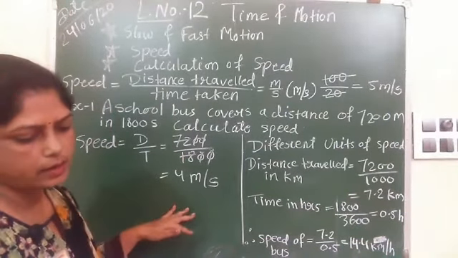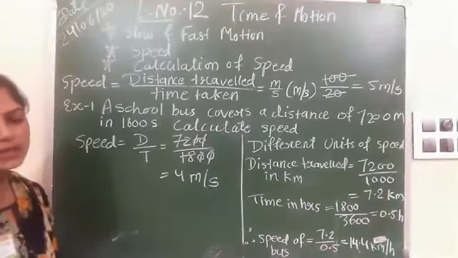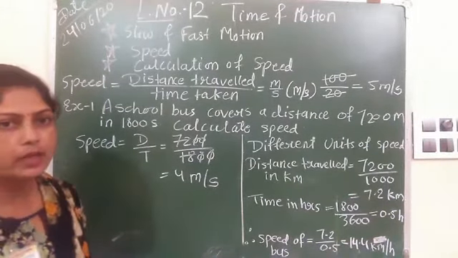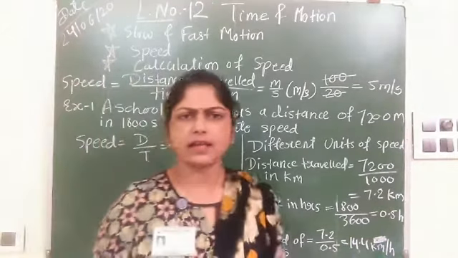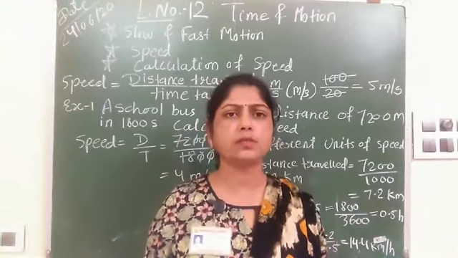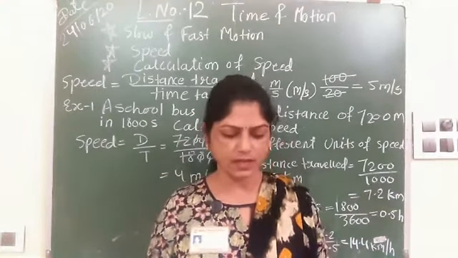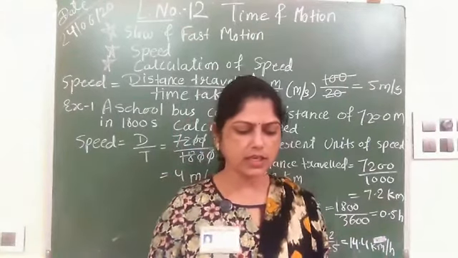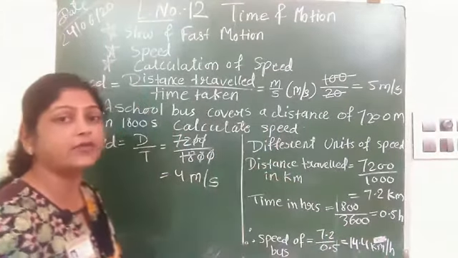So in practice very few objects travel at a constant speed. Do all objects always go at the same speed? No, sometimes it is slow, sometimes it is fast. So to estimate the speed in such cases we use the concept of average speed.